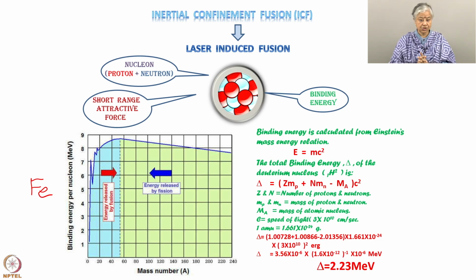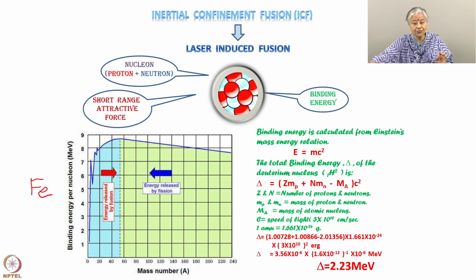It is not that they have not achieved fusion. Fusion has been achieved, it has been checked, but then is it a break even condition? By break even I mean the amount of energy that you are putting in to achieve fusion, are you getting an equal amount of energy from the fusion process? That is called break even. That is still lacking.